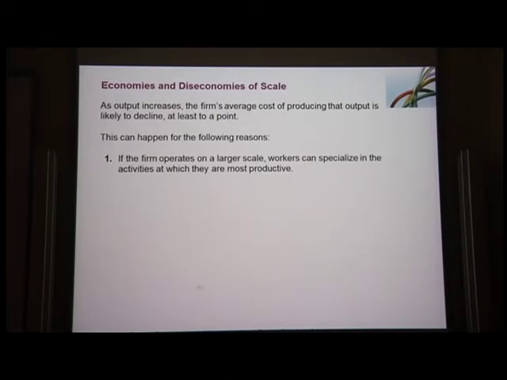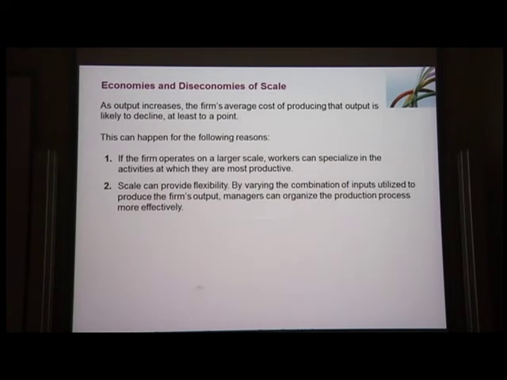So you have division of labor, and you have specialization. It means that workers become more productive because they only specialize in a certain task. More productivity means lower cost per unit. And that can only happen on a large scale. And why then economies of scale? Because workers are then able to specialize in the activities in which they are most productive.